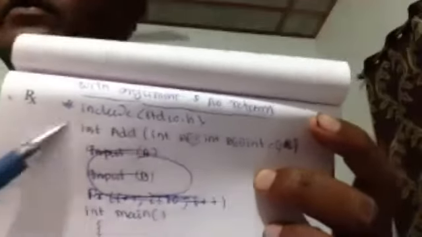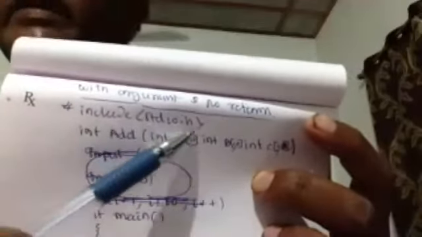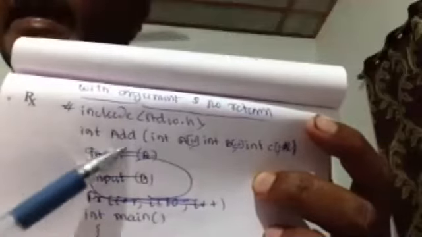And if you make it like this: include stdio.h, then int add, the function declaration. After that, I am putting int main or void main, whatever. It's clear. Then starting brace.